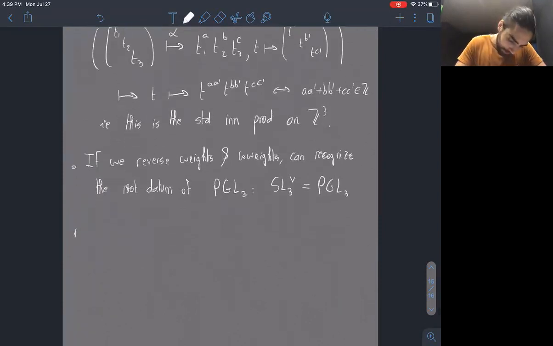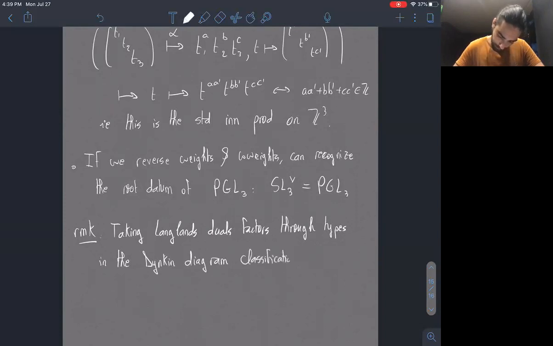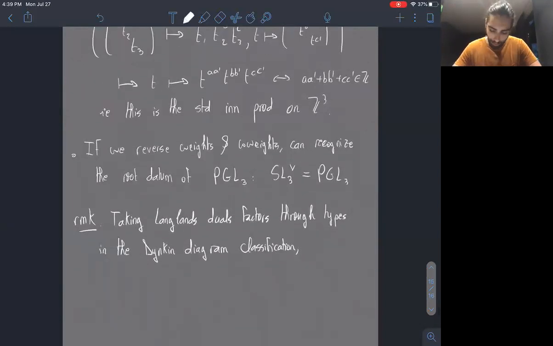One comment I should make is in terms of the properties of this operation, that is Langlands duality. Taking Langlands duals factors through types in the Dynkin diagram classification. And although I don't have it here, I think that most types are self-dual.